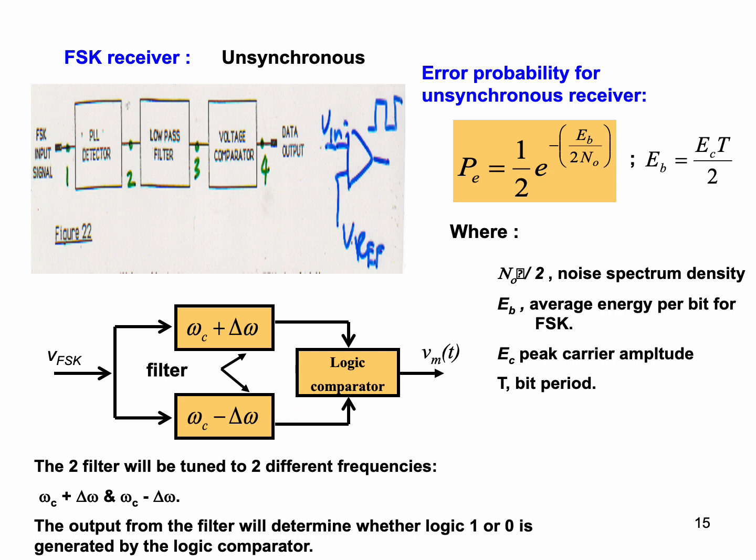The output from these filters determines which frequency was received, and a logic comparator then generates either a logic 1 or 0. The probability of error for an unsynchronous receiver is given by this formula, which involves an exponential decay dependent on the energy per bit, Eb, and noise power spectral density, N0. Remember, Eb for FSK is Ec²T/2.